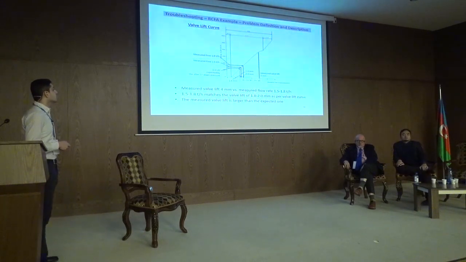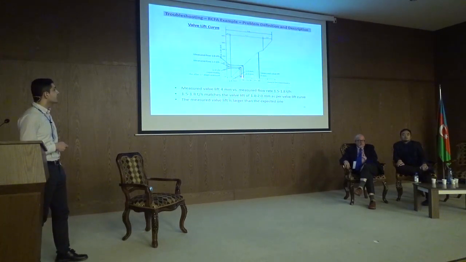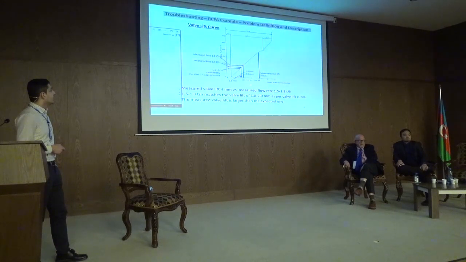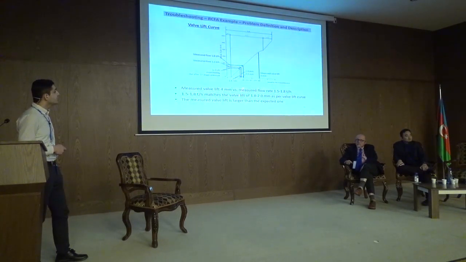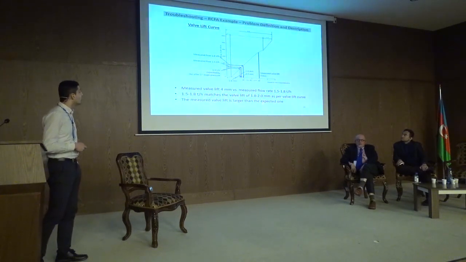So we did a turbine solo run test, and during the test we noticed that the valve lift was 4 millimeters, whereas the measured flow rate was 1.5 to 1.80 tons per hour.